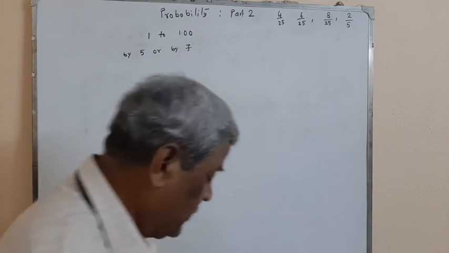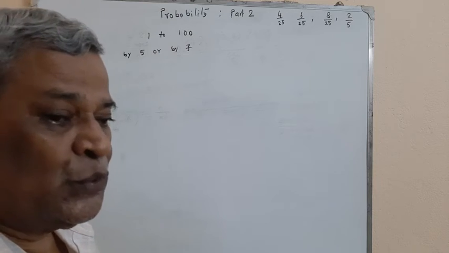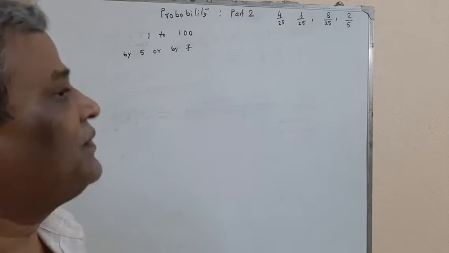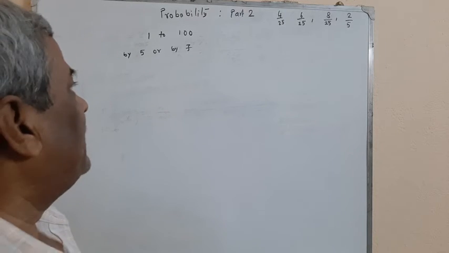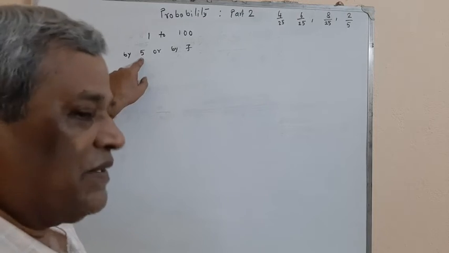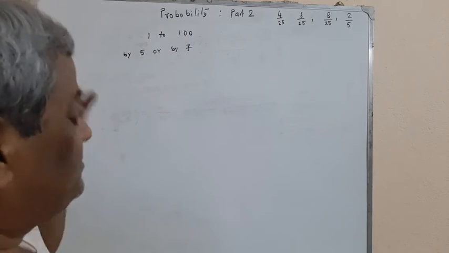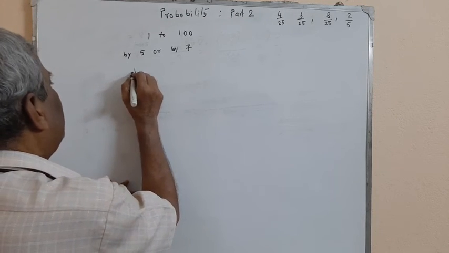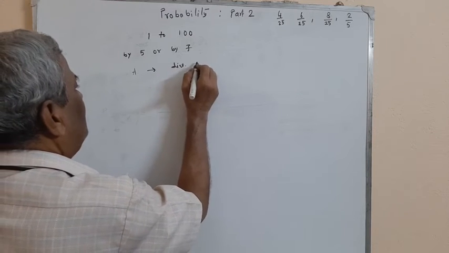So now let us see what is the case. There are 100 numbers, 1, 2, 3 up to 100, and 1 is selected at random. Then what is the probability that the selected number is divisible either by 5 or by 7? So suppose A is the event that the number is divisible by 5.